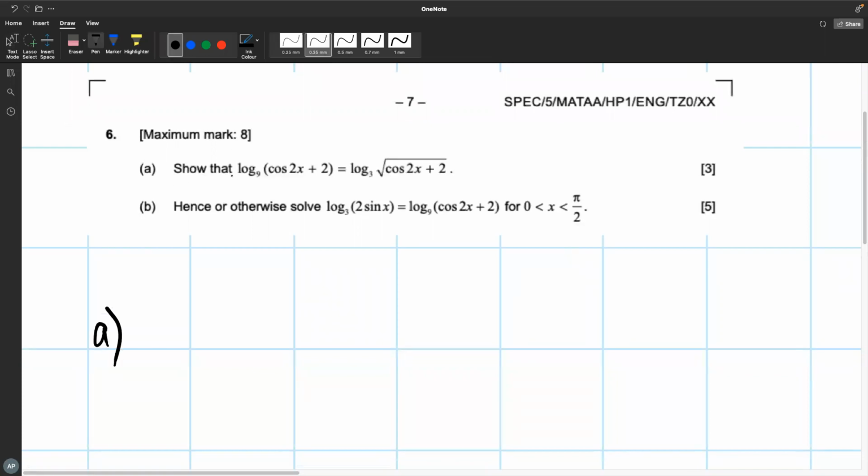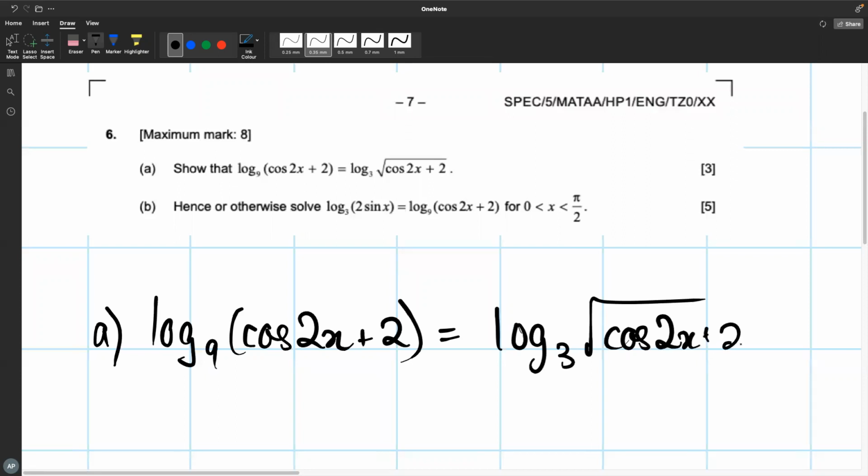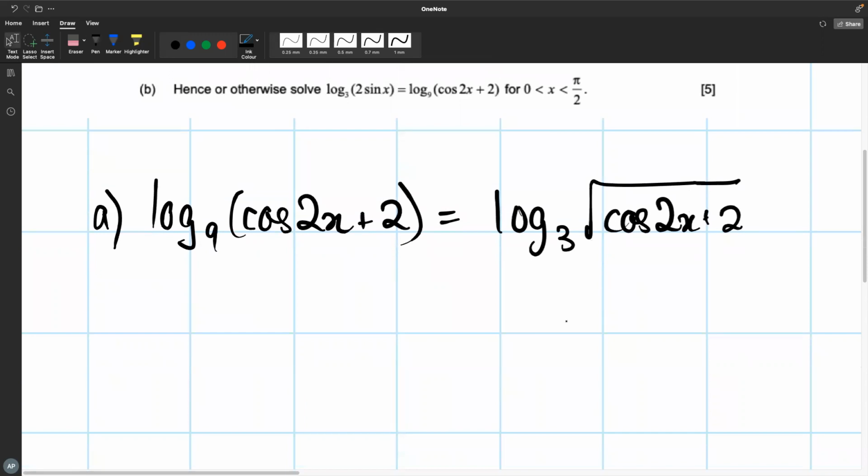So first off, we have log base 9 of cosine 2x plus 2, and we must show that that is equal to log base 3 of root cosine 2x plus 2. Now, immediately what I see is we have to show that something that's of log base 9 is equal to log base 3.